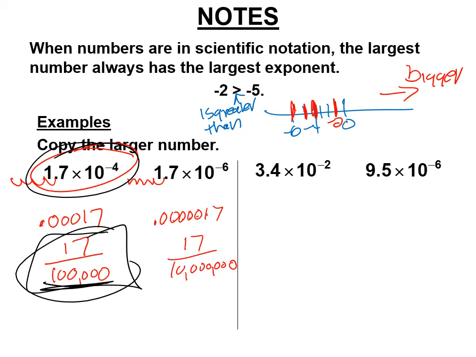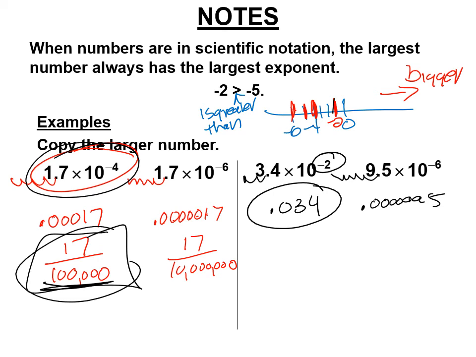Try this one. This is 0.034. This one, move it 6 times, you get 5 zeros. 1, 2, 3, 4, 5. This is way bigger. Negative 2 is way bigger than negative 6.